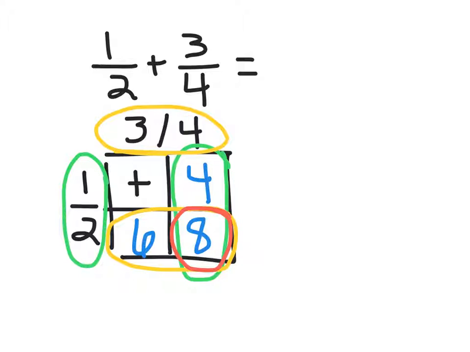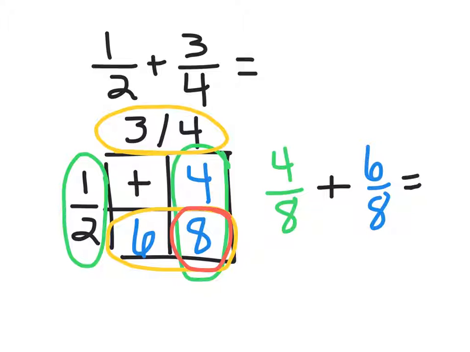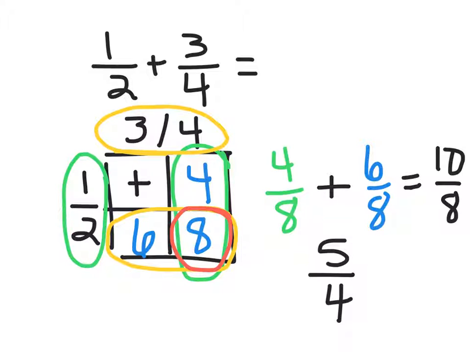So we are going to set those up: 4/8 plus 6/8 equals. Since they have common denominators, you're just adding your numerators, 10/8. That requires some simplification. They're both divisible by 2, so we simplify to 5/4. That's just another way: if you have trouble thinking about what their common denominators are, you can use the box to help you find them. I'll give you one more example of that on the next slide.